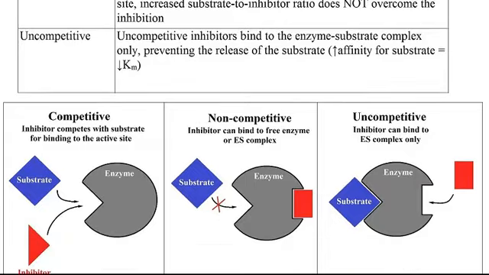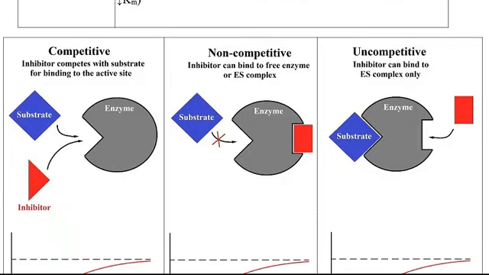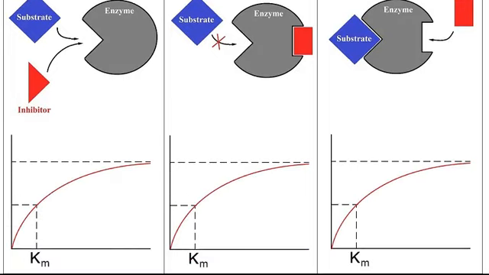So here, I'm showing you an example of a competitive inhibitor. The substrate and the inhibitor both have a similar conformation, and so therefore they're both competing for the active site. And so what happens when we are adding a competitive inhibitor to a solution? Km of the reaction will increase, so there is increased Km.